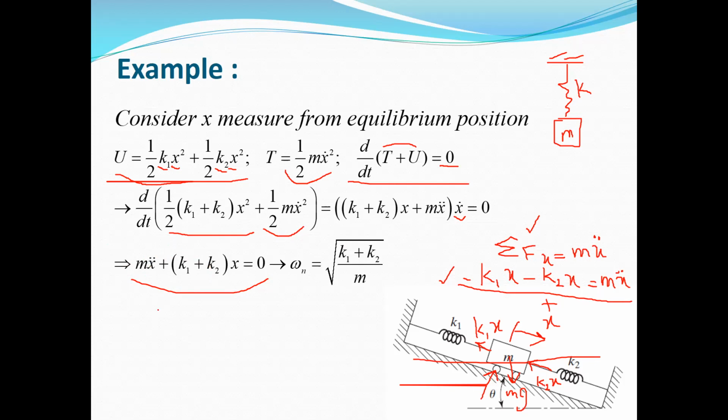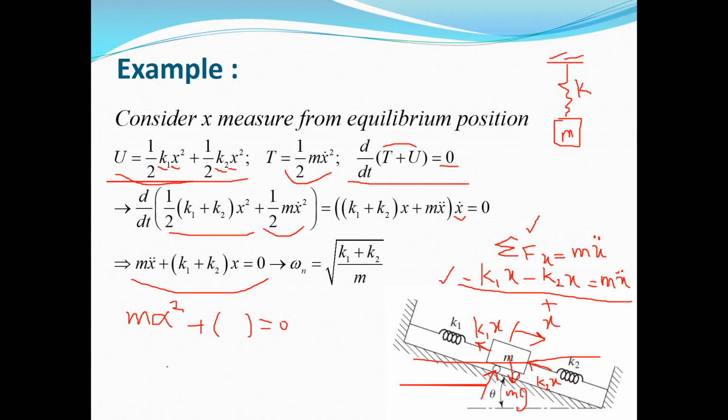I mean, you need to form the characteristic equation for this system. The characteristic equation is m times alpha squared plus this parenthesis, which is k1 plus k2, and it must be equal to 0. This is the characteristic equation.